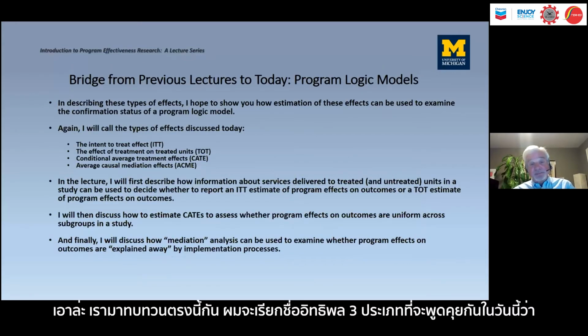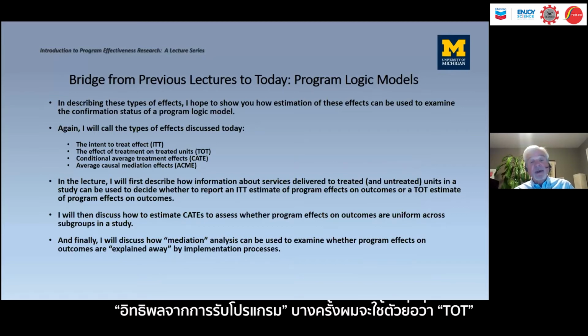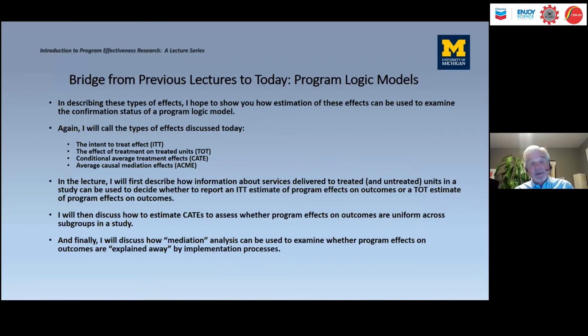So let's review here. I'm going to call the 3 types of effects discussed today the intent to treat effect, the ITT, the effect of treatment on treated. I'm going to sometimes use the acronym TOT. Conditional average treatment effects, I'm going to call those CATEs every once in a while.